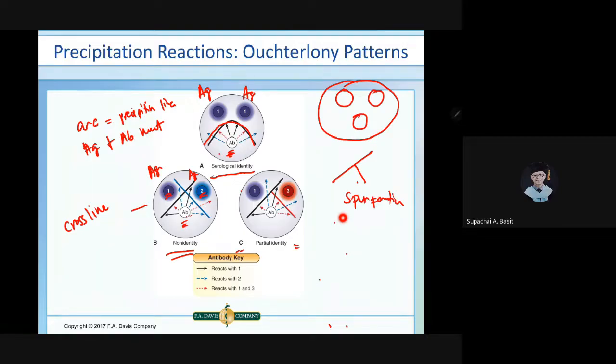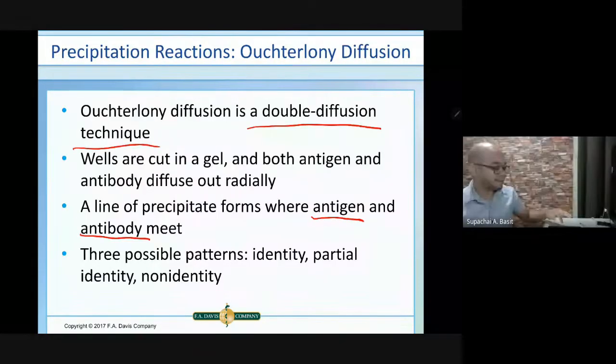That's why it's called partial identity. In this example, only antigen 1 is identical with the antibody, and the other one is not identical. Hence, there is a spur formation. So that is the Ouchterlony patterns.